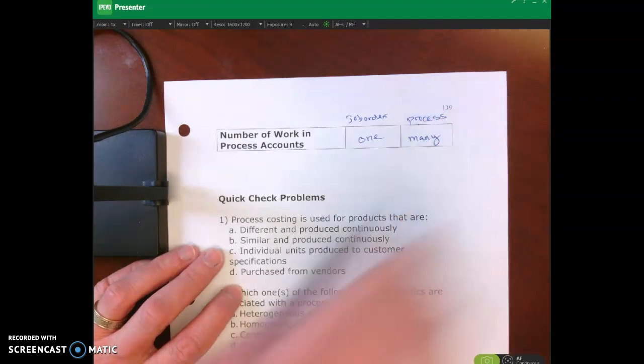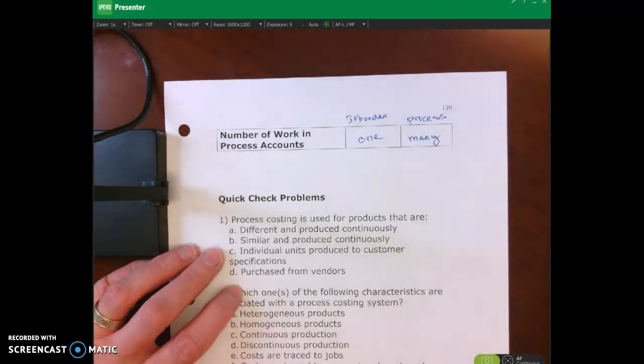And in fact, what we have is for each processing department, we have a WIP account. So I'll rephrase that a different way. Each processing department has its own work in process account. Okay, so if we had two processing departments, think about that soap maker, mixing and packaging, we would have WIP mixing and then WIP packaging.